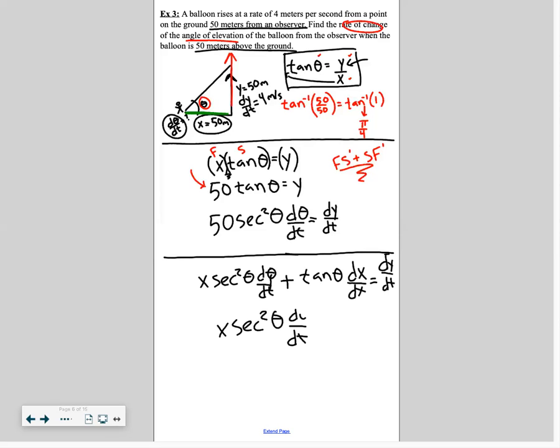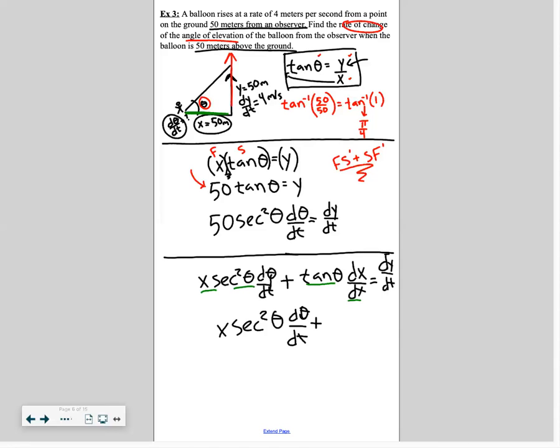Let me rewrite this out. I had secant squared d theta dt plus, so again, go back to this. You have x secant squared theta. So first derivative of the second plus second derivative of the first. The derivative of x with respect to time is dx dt.